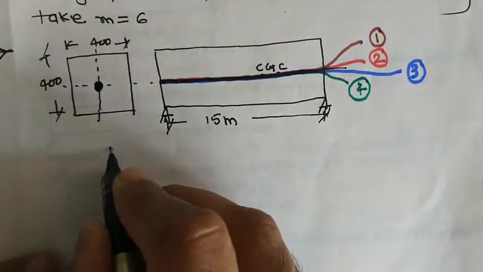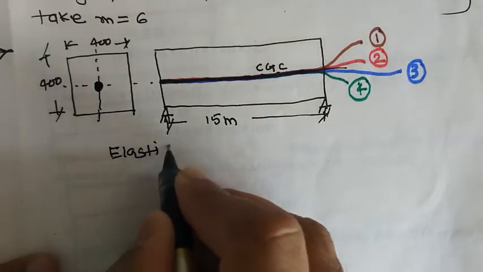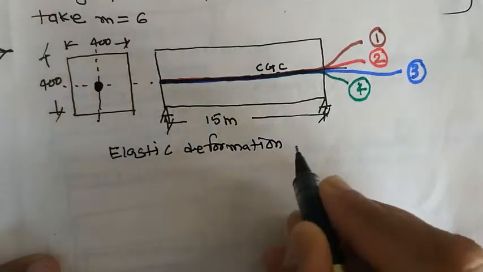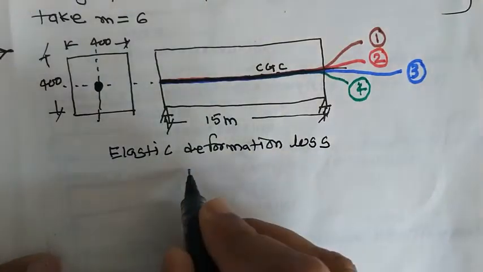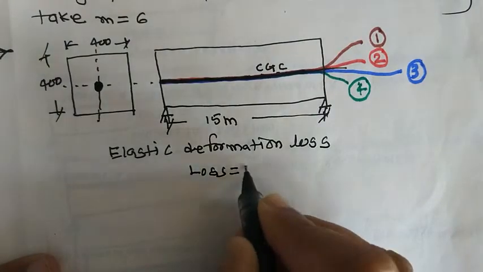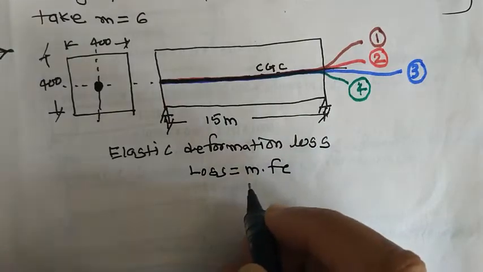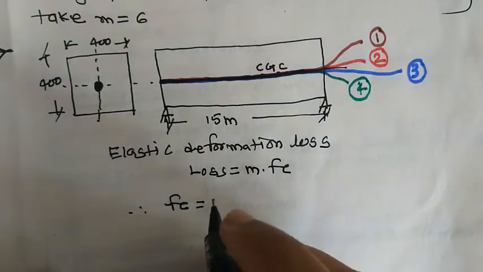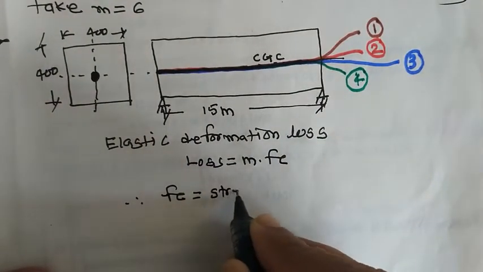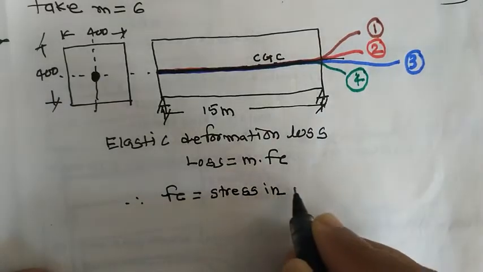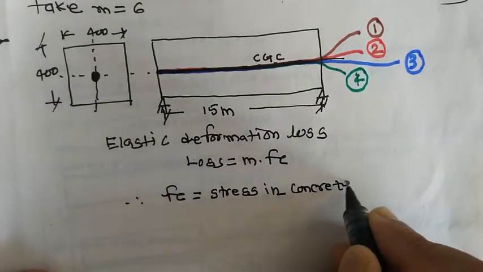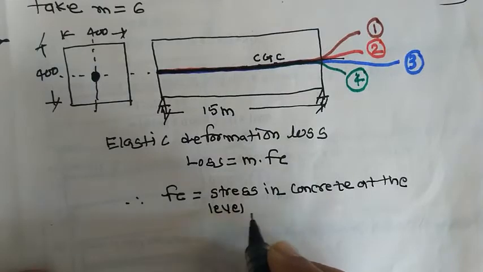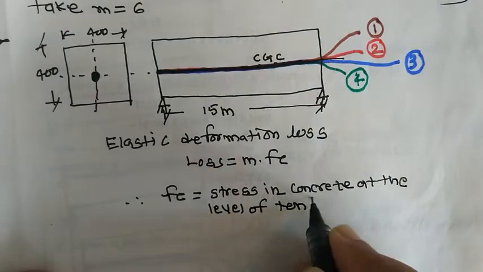So elastic deformation loss is calculated using this small formula, m into fc. Already m is given in the question. How to find out the fc? fc is equal to the stress in concrete at the level of the tendon.